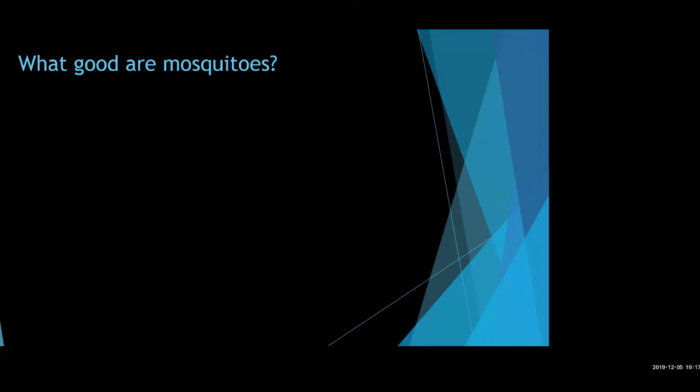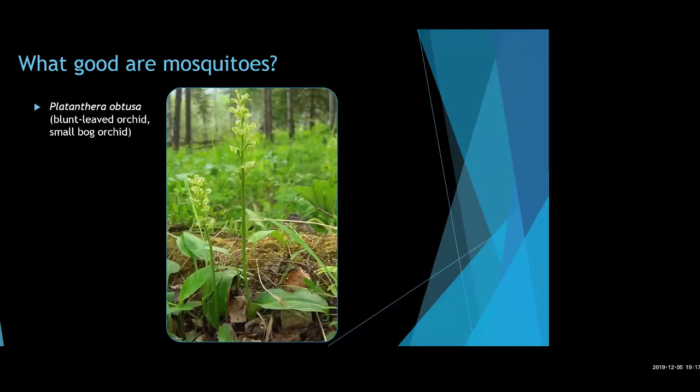So one good illustration that I have that is near and dear to my heart is what good are mosquitoes? Well, if you happen to like wild things that are ephemeral and unique, you might actually enjoy seeing wild and native orchids.